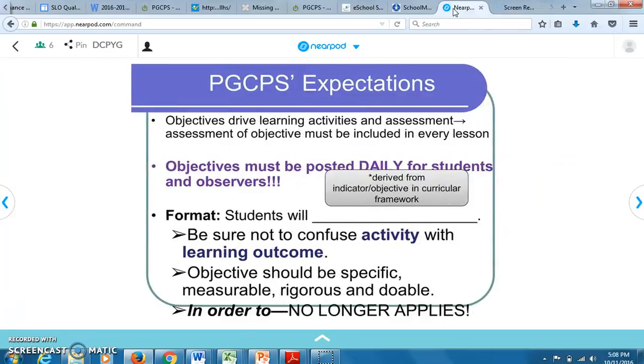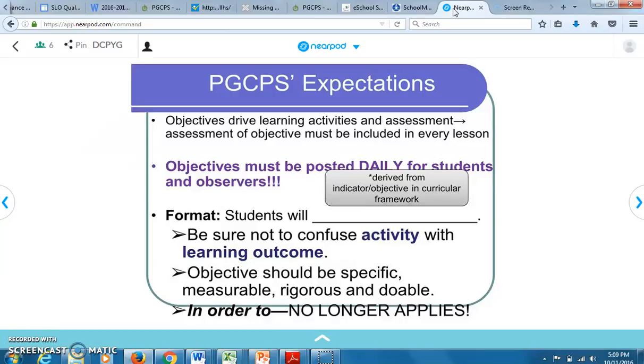So expectations. Objectives drive learning activities and assessment. Assessment objectives may be included in every single lesson. So again, objectives can be in every single lesson along the way. They should be in every single lesson along the way too. And sometimes they can be revisited from prior classes. Okay? Most posted daily for students and observers. Students will. Be sure not to confuse activity with learning outcomes. Okay?